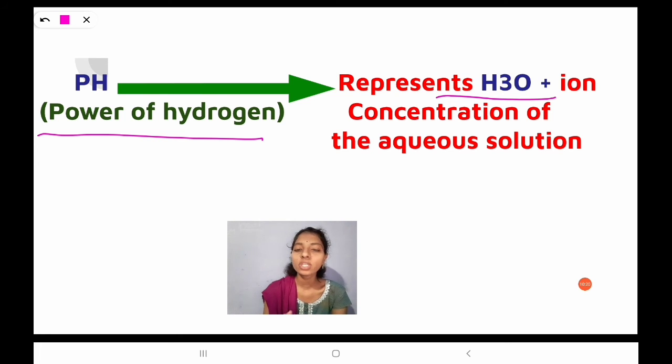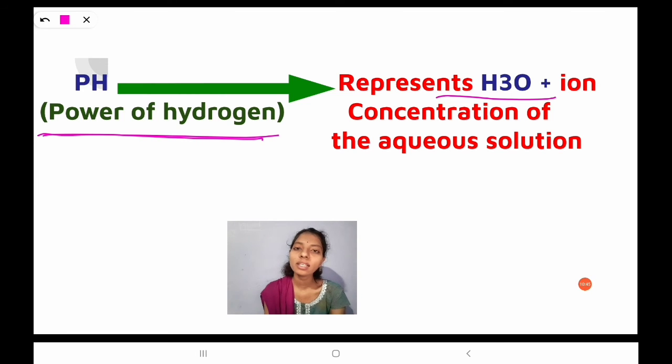So pH is used to indicate the concentration of the ions in an aqueous solution, whether it is increased or decreased. That is known as pH. It gives the concentration of the ions in the solution, and this is known as the power of hydrogen.